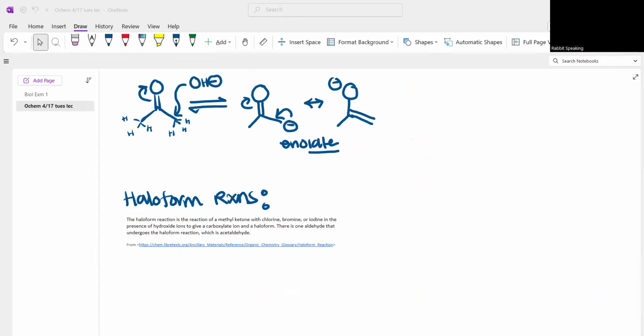Methyl ketone. Let me screenshot this step by step.